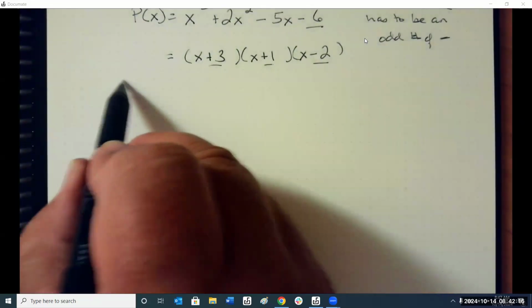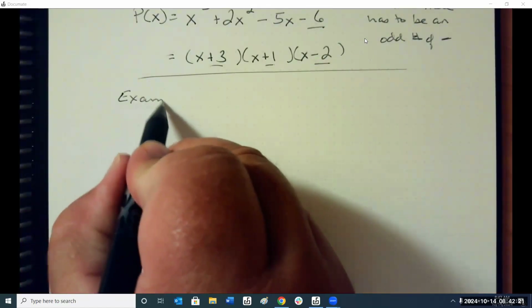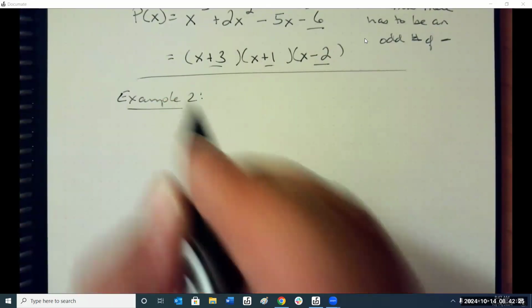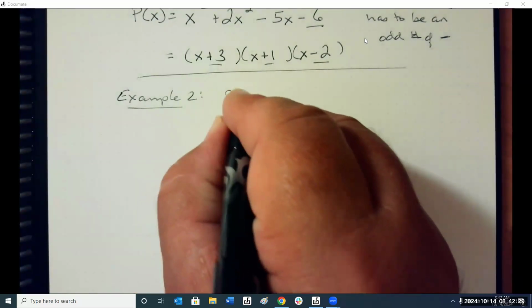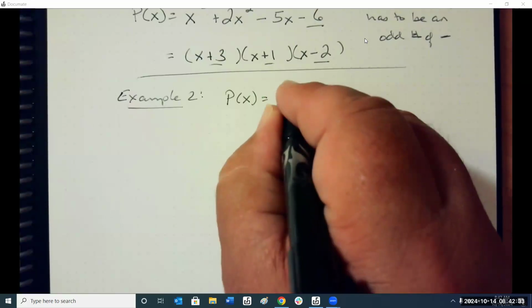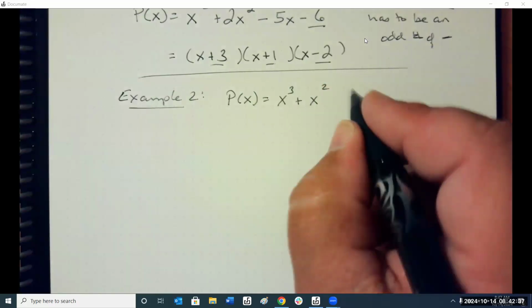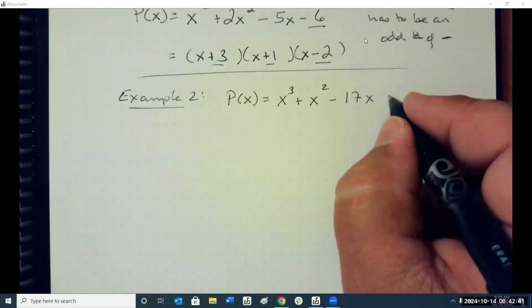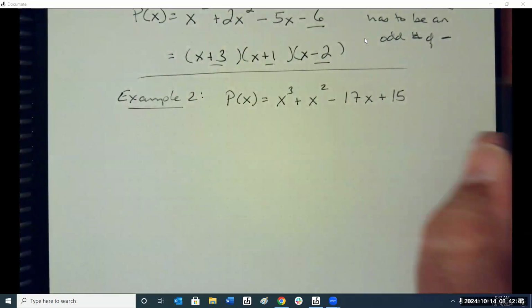All right, let's look at example 2. Consider the polynomial p of x equals x cubed plus x squared minus 17x plus 15.